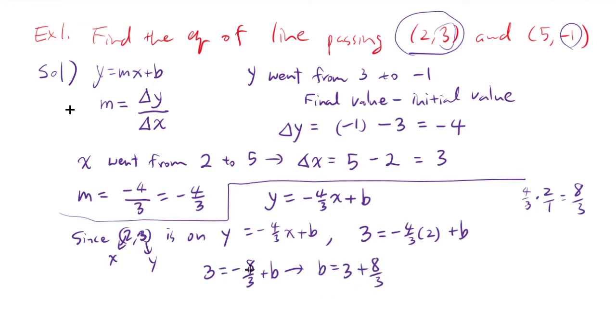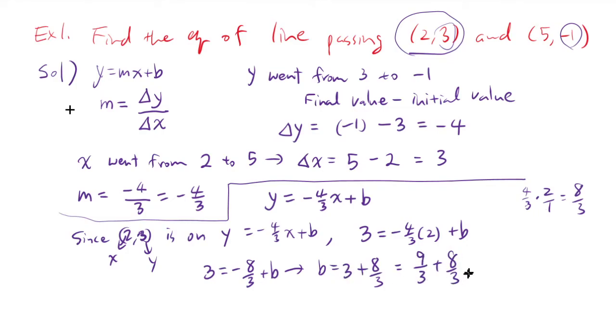When you move it to the other side, minus becomes plus, right? Now that we have a number plus a fraction, we need common denominators, with 3 being the common denominator. So we can rewrite 3 as 9 over 3.